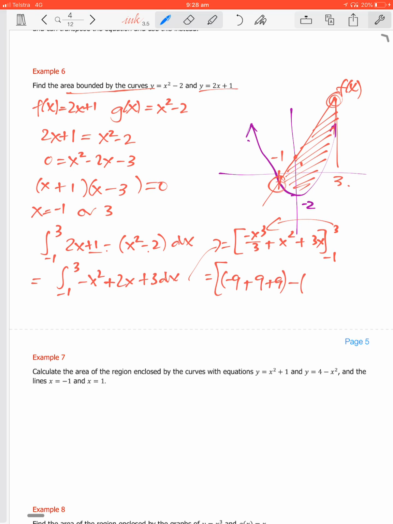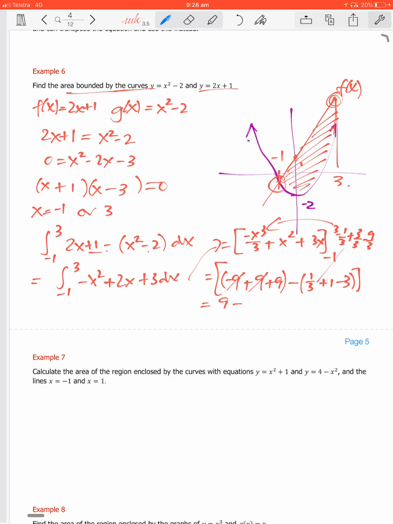Minus, when we put -1 into that, -1 cubed is -1, times the negative is 1/3. -1 squared is +1, minus 3. That's going to give us 9 minus, okay, I've got 1/3 plus 3/3 minus 9/3.